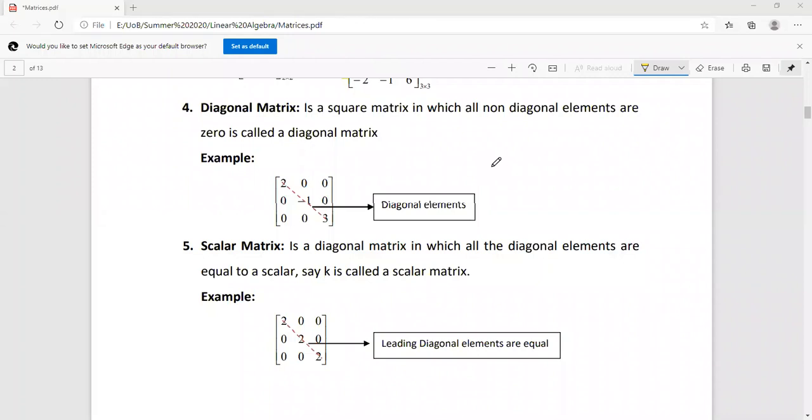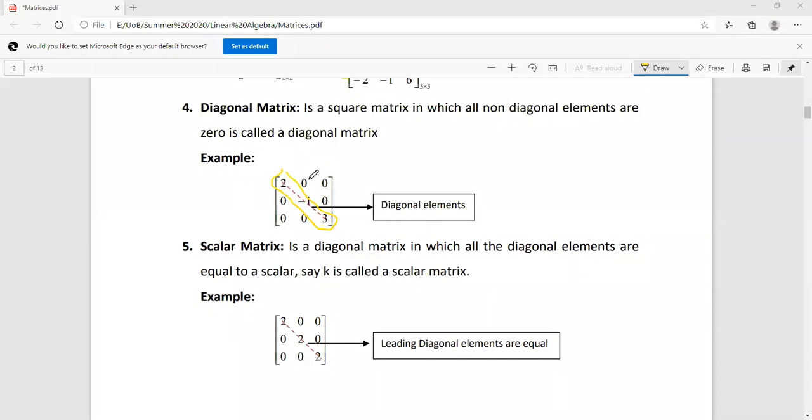So a diagonal matrix is a square matrix whose diagonal elements are non-zero and off diagonal are zero. What do we mean by diagonal elements? Whenever you have a square matrix, these are the diagonal elements. These are the diagonal elements. So diagonal elements, and these are called off diagonal elements. Okay, non-diagonal or off diagonal elements.